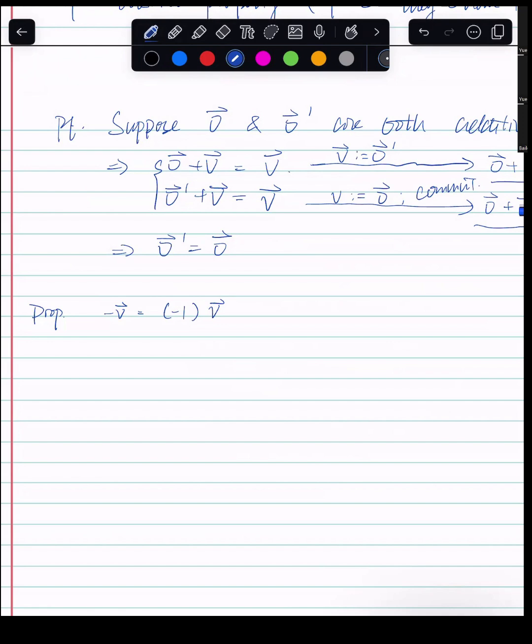Okay. So actually before that, we have to prove another proposition, that the additive inverse is unique.